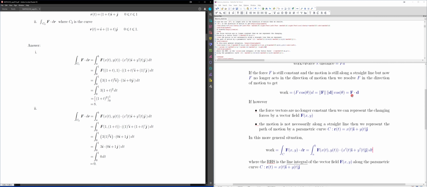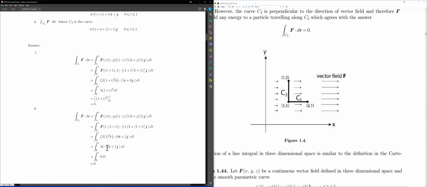You take a dot product of force with displacement, which specifies direction of motion, right? So this is your force vectors as you move along the curve, and this one is specifying direction at each point on the curve, right? And this dot product is just always going to be 0, right? So you take a dot product over here, you get 0. When you integrate 0, you just get 0. And that agrees with the fact that when you move from here to here, this horizontal force will do no work in the vertical direction.